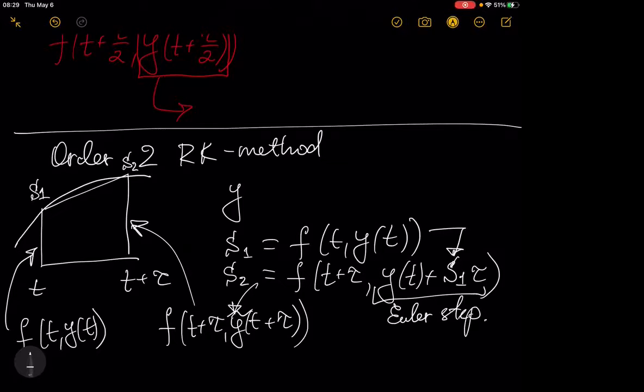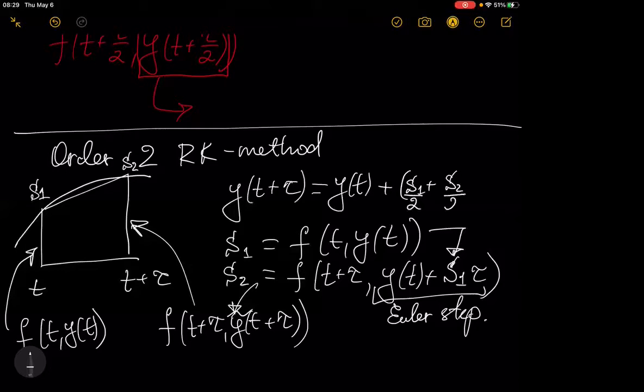And after that, you can write that using the trapezoid method. You use S1, S2, or you can say that you use the average slope.